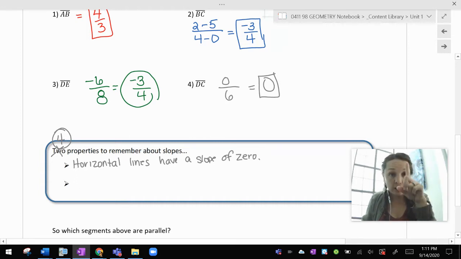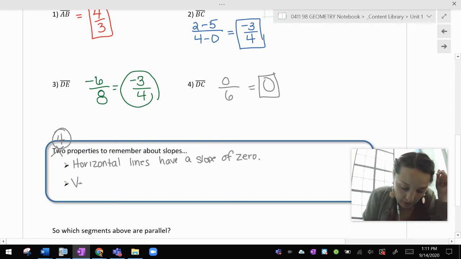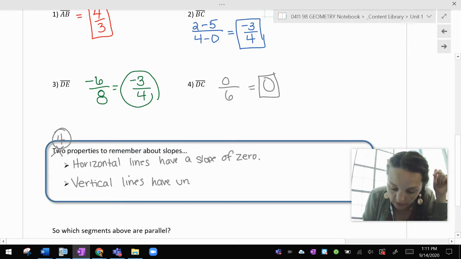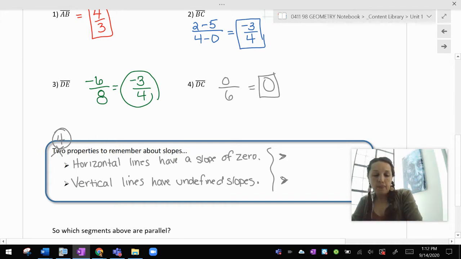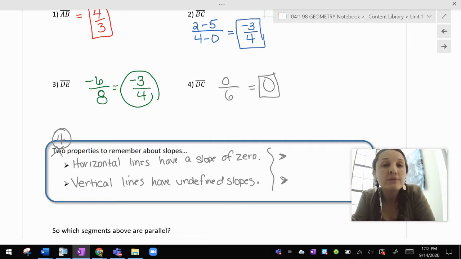And then vertical lines, ones that go up, down, have undefined slope. And then I'm going to give you 2 others right here. So horizontal lines have a slope of 0. Vertical lines have a slope that's undefined, also sometimes called no slope.